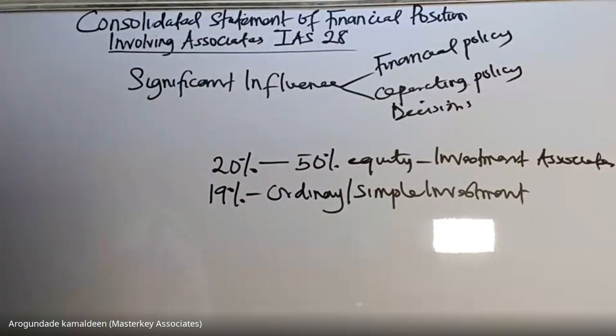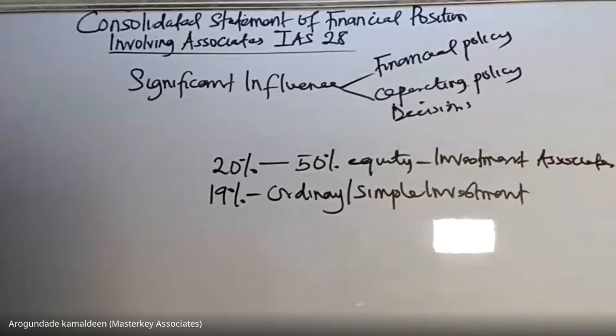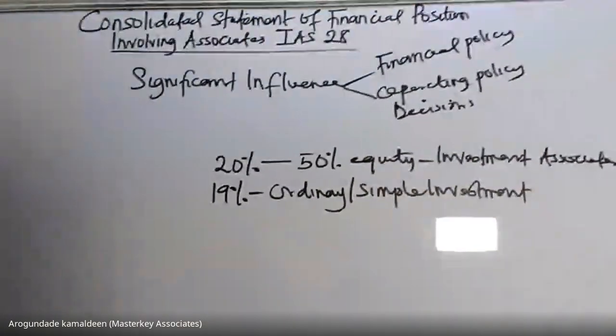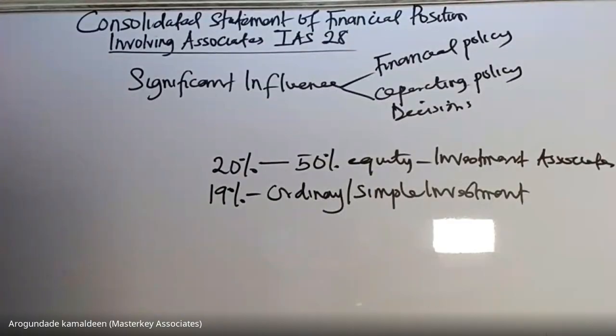Class, so it is the power to participate. Look at that keyword, participate. Not control or impose. Are we there? To participate in what? In the financial and operating policy decision making of an investee, but not control or joint control.